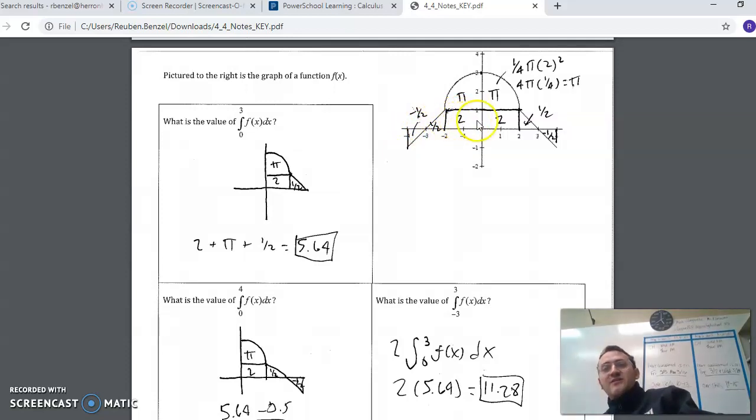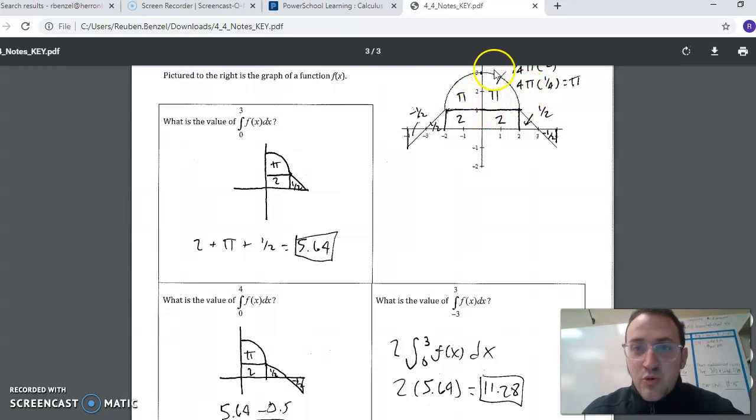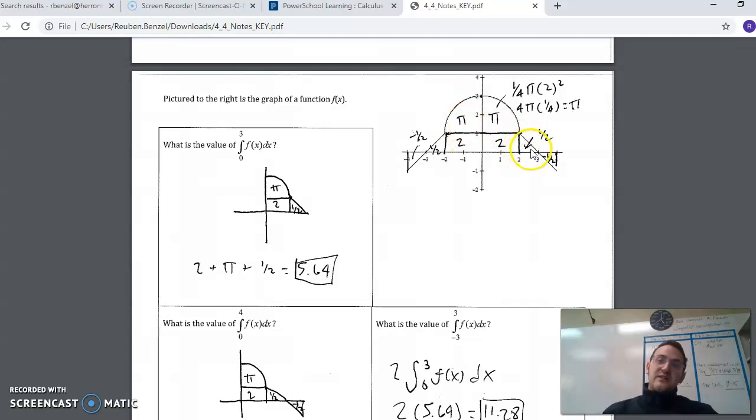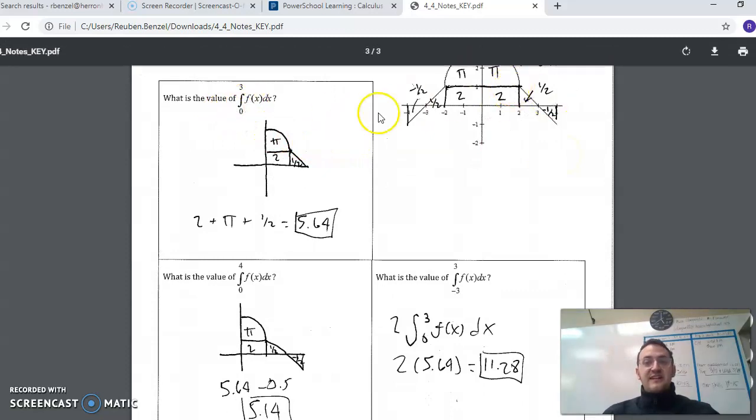I did a rectangle that was an area of 2, another rectangle that was an area of 2. This is a quarter of a circle with a radius of 2. That comes out to pi. That's symmetrical, so that's also pi. Positive 1/2, negative 1/2.